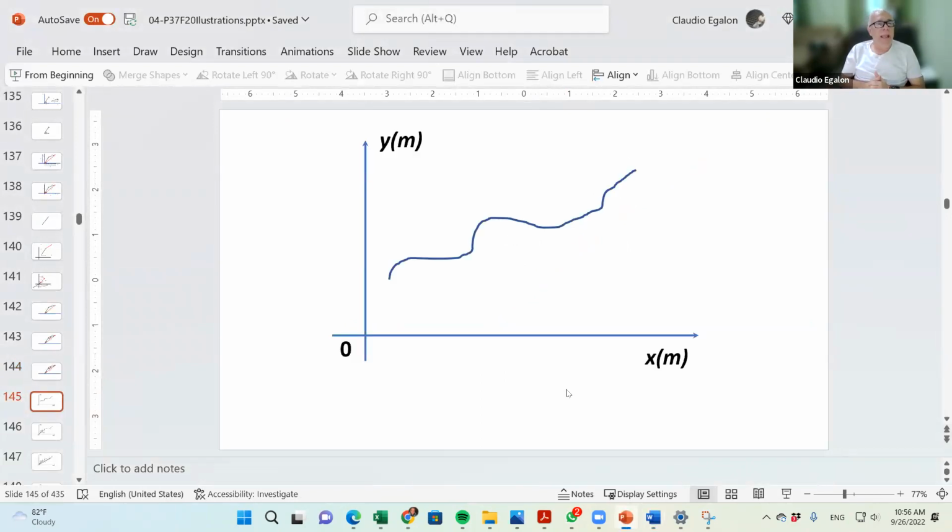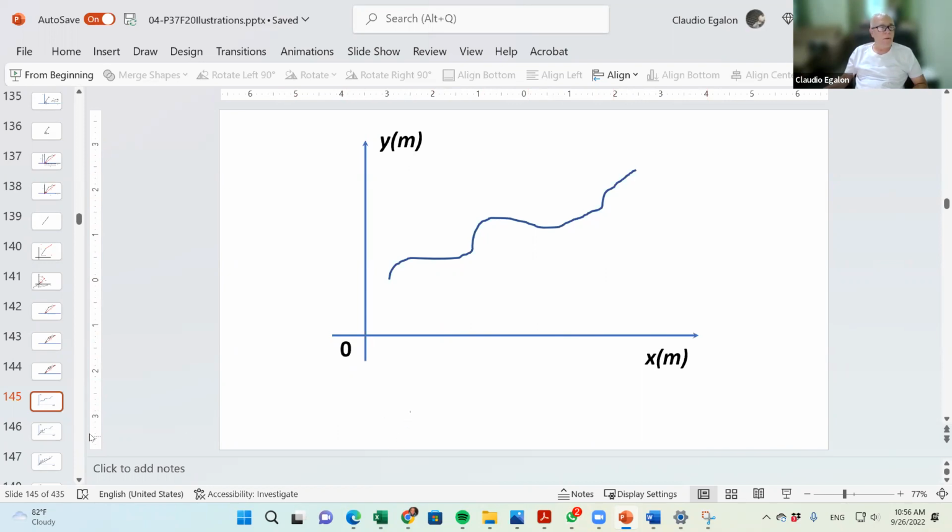Here is the XY plane of motion. Now remember, the particle is no longer constrained to a single dimension of motion. Now the particle is constrained to the X and Y axis. You can move up and down, not just along the X axis, not just along the Y axis.